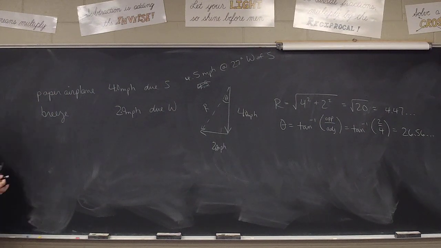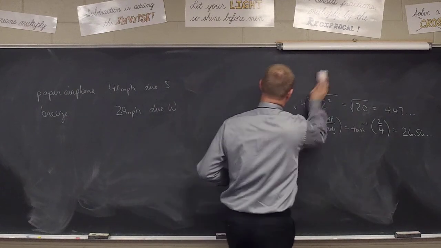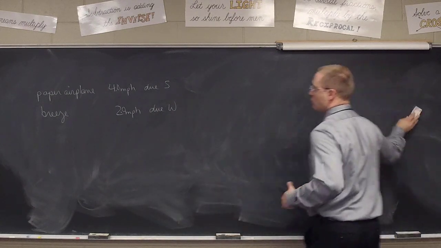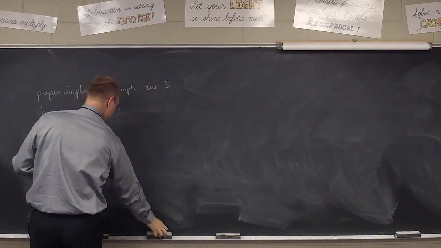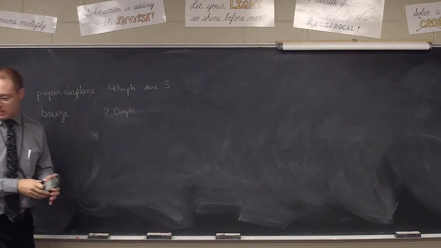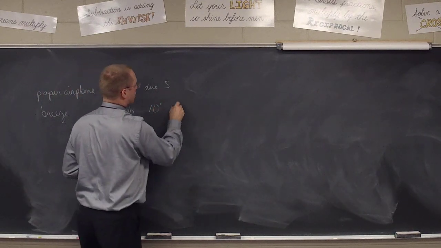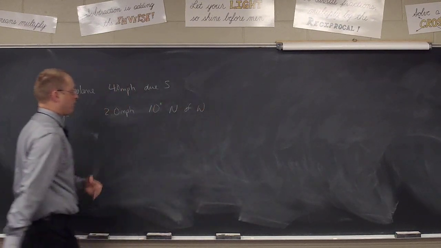All right, let's suppose now, same problem, but instead of the gentle breeze blowing due west, suppose our 2 mile an hour gentle breeze is still blowing, but now it's blowing at 10 degrees to the north of west.